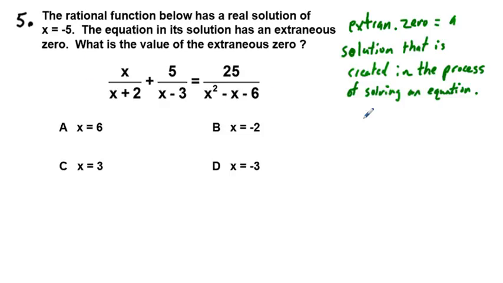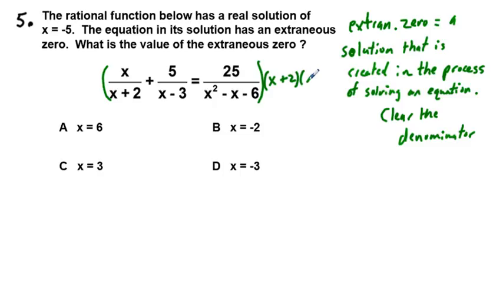In order to solve this, we're going to do what I suggested earlier for problem 3, that is to clear the denominator. We're going to multiply this whole equation by the factors quantity x plus 2 times quantity x minus 3.